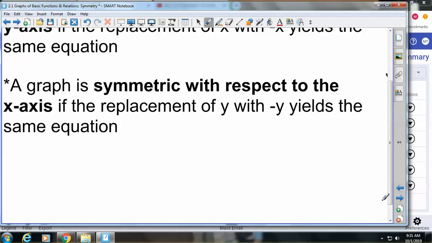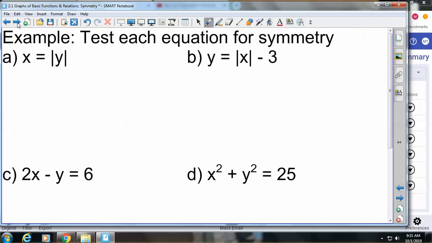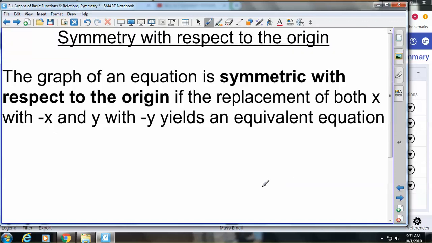Symmetric to the origin means, I have that out of order on my slides. Symmetric to the origin means if you put in a negative x and a negative y, you get the same thing back. For your graph, you have to think about, I'm going to take my graph and flip it over the y and the x-axis before it overlaps itself.